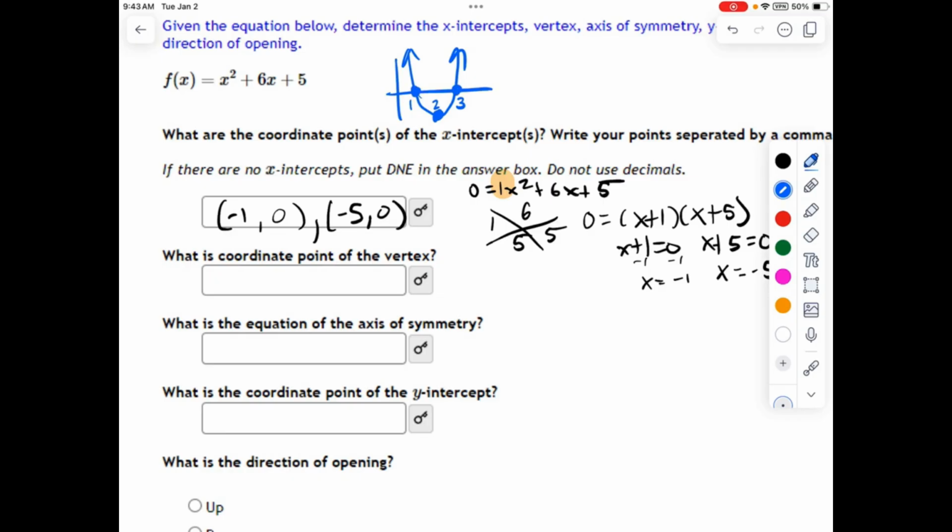Well, we know our x-intercepts. We know one's at negative 1, the other is at negative 5. If you combine those and find the halfway point, we get negative 6 divided by 2, which is negative 3. So negative 3 comma something is that vertex.